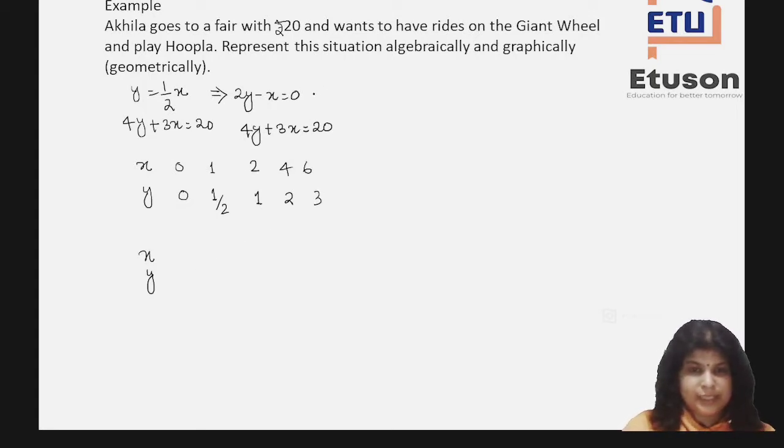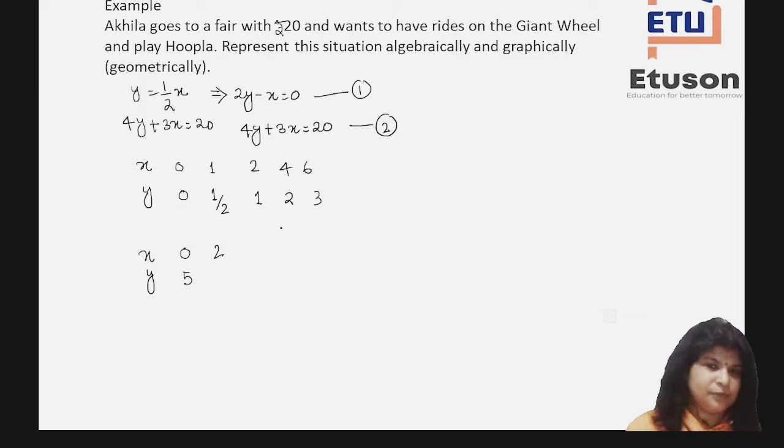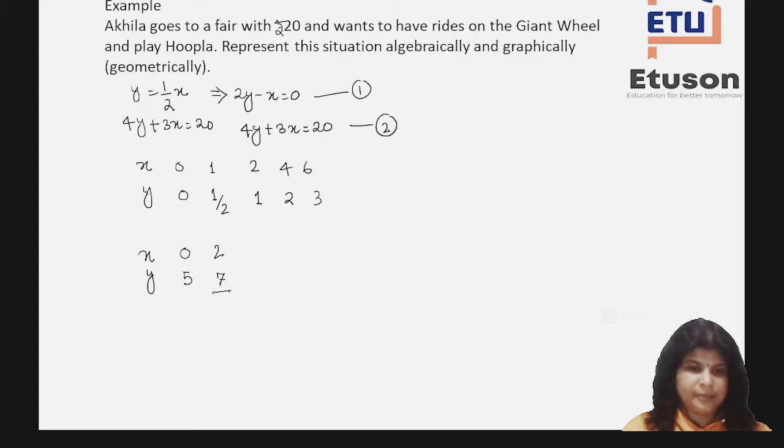Similarly, for the second equation, let us take x values. If x is equal to 0, then y is equal to 5. If x is equal to 2, then y is a fraction: 20 minus 6, that is 14, and 14 divided by 4 is 7 divided by 2.